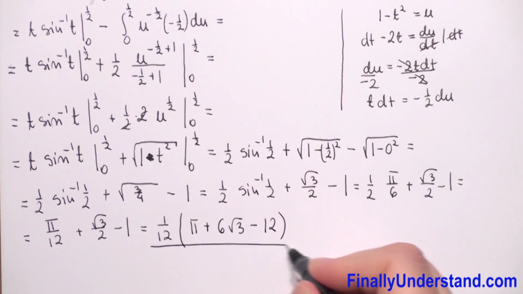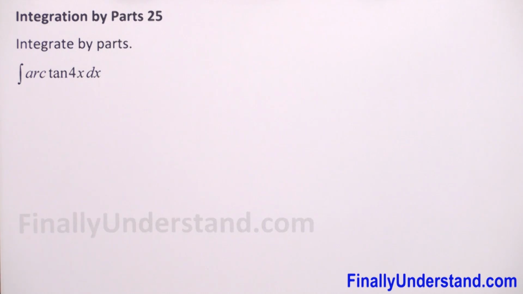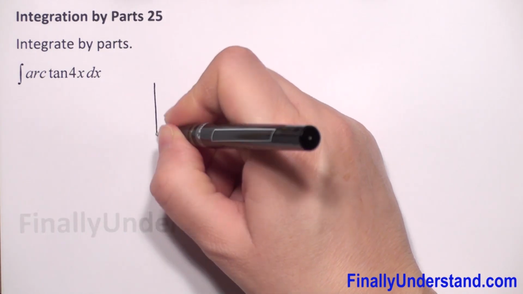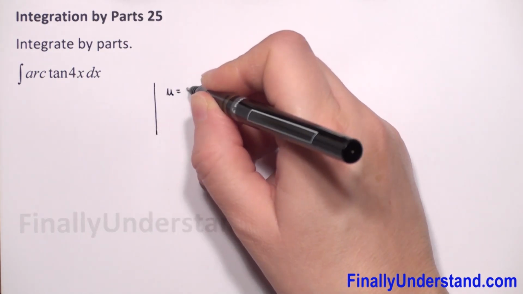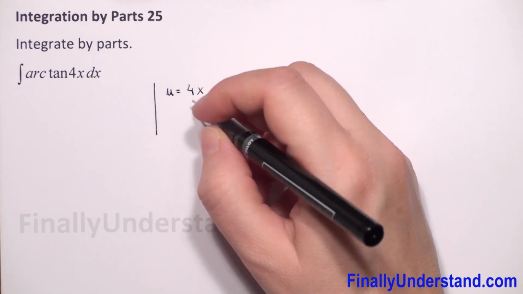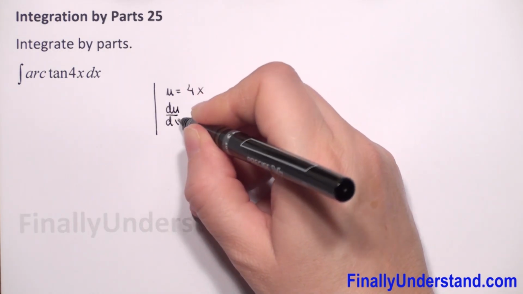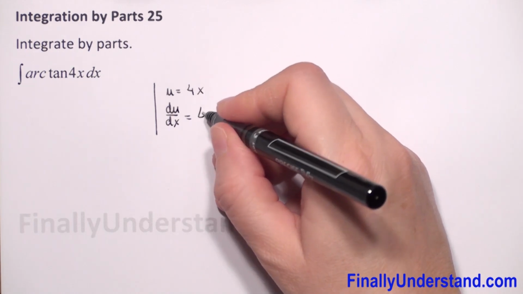This is my solution. Now we have the integral of arctangent of 4x with respect to x. First I will substitute 4x by u. Let me put this: u is equal to 4x. Now we have to find the derivative of both sides of our equation, so du to dx is equal to 4.